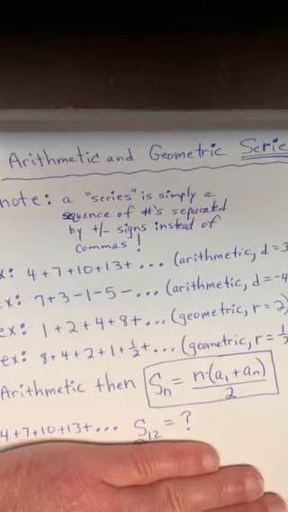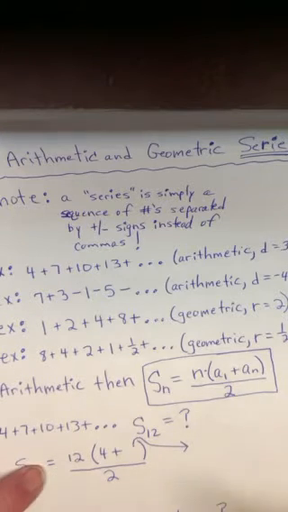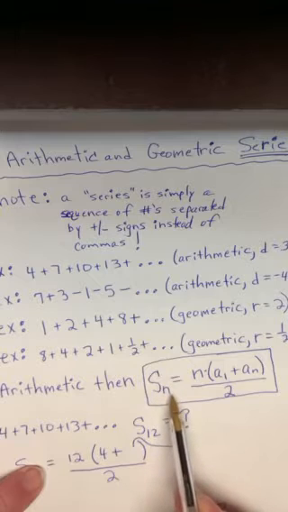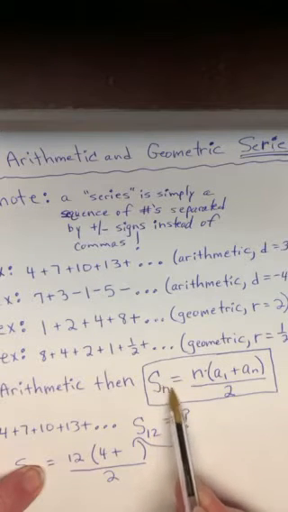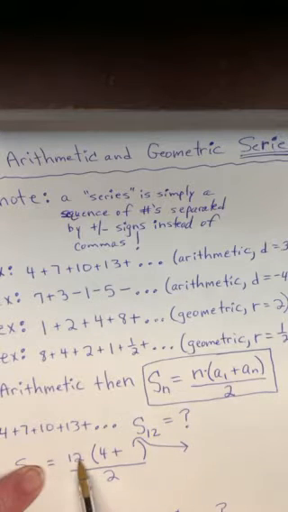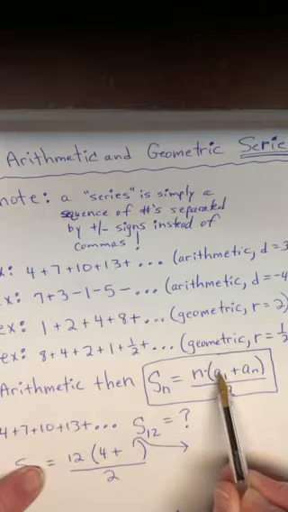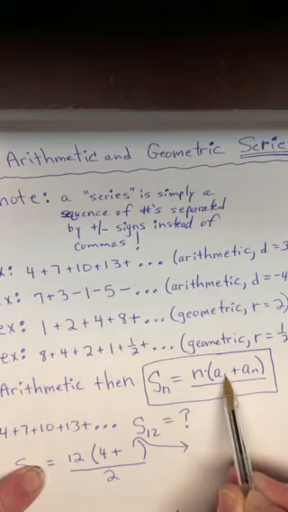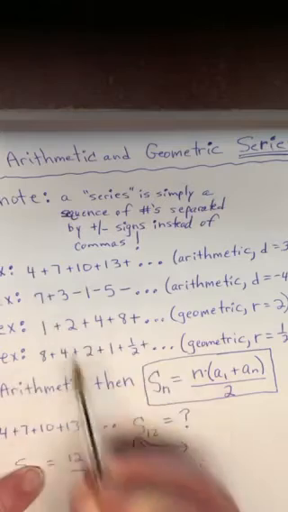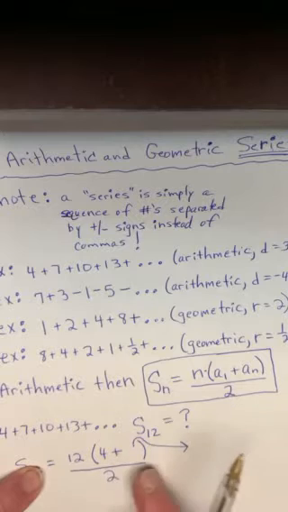So here we go. Let's try it. The sum of the first 12 numbers will be, looking at my formula, since we want the sum of the first 12 numbers, n is 12, isn't it? So that n is going to get replaced by the number 12. And inside parentheses, look at my pen, we've got a sub 1, the first term of the sequence, which is 4, plus, here's the only part you have to be careful on.